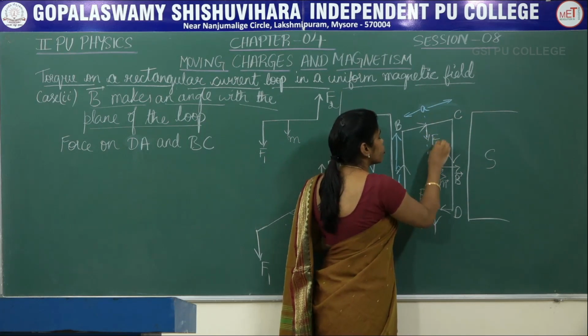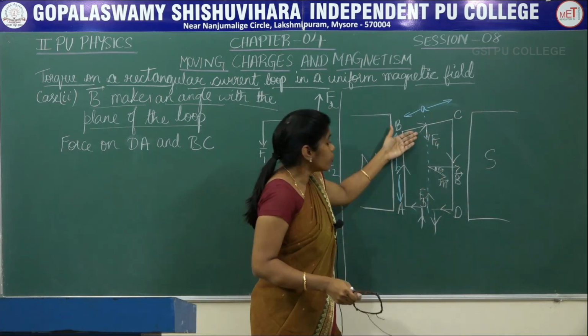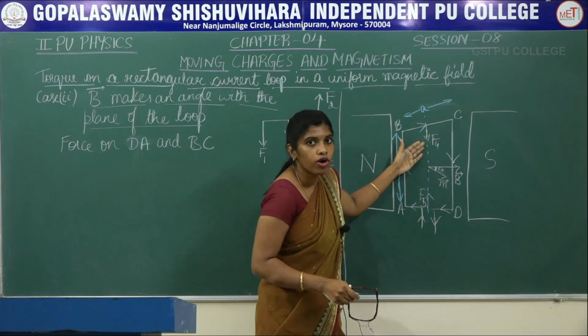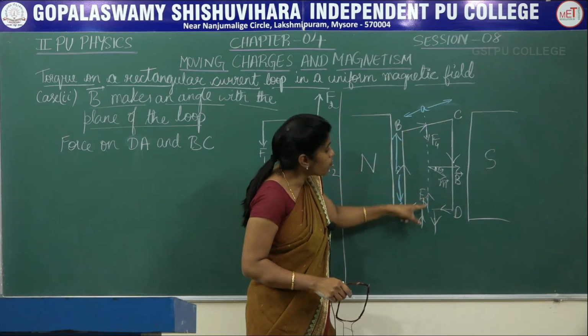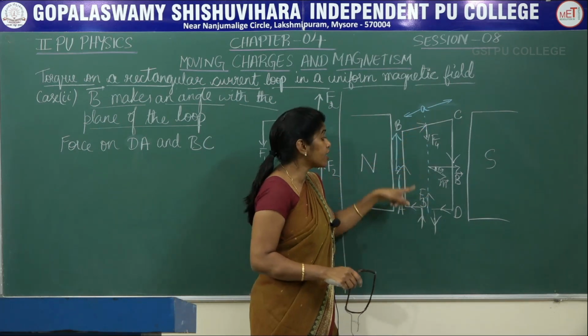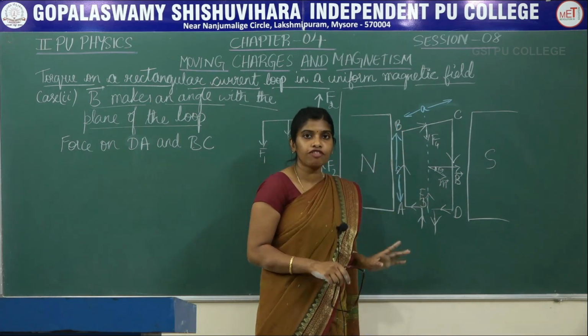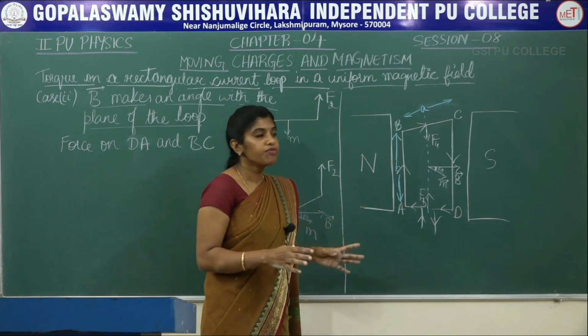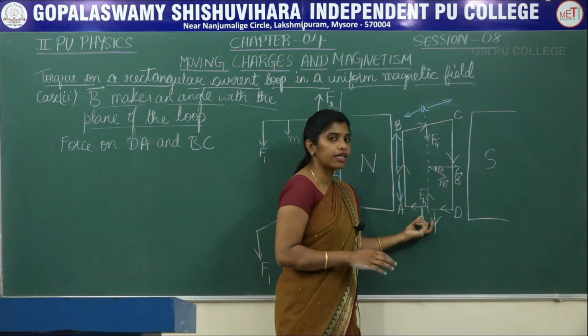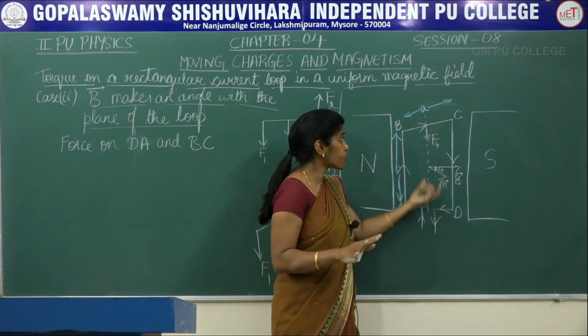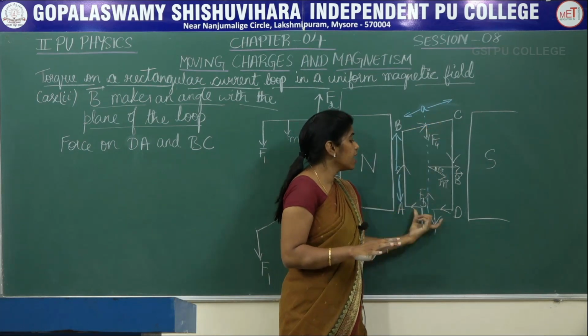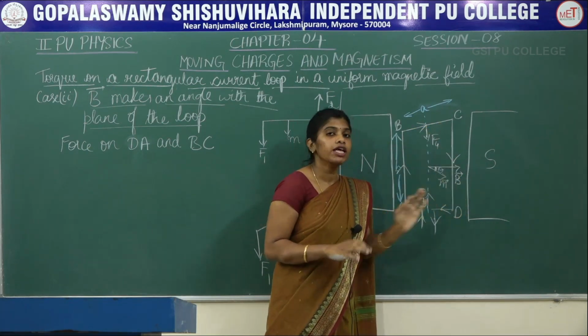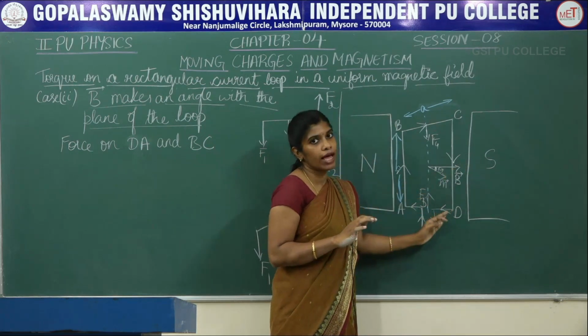This is F4. Now, these two forces F3 and F4 are acting opposite to each other and they are acting on the same line of action. Therefore, F3 and F4 are going to get cancelled. As you know, the magnitude of F3 and F4 will be the same because they are having length A and they are in the uniform magnetic field and the current I is flowing through them.